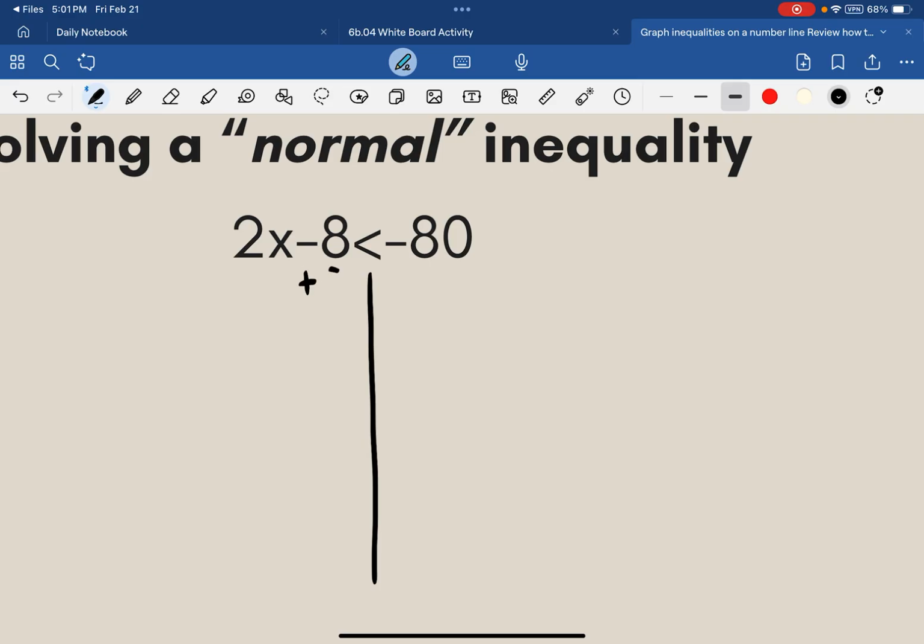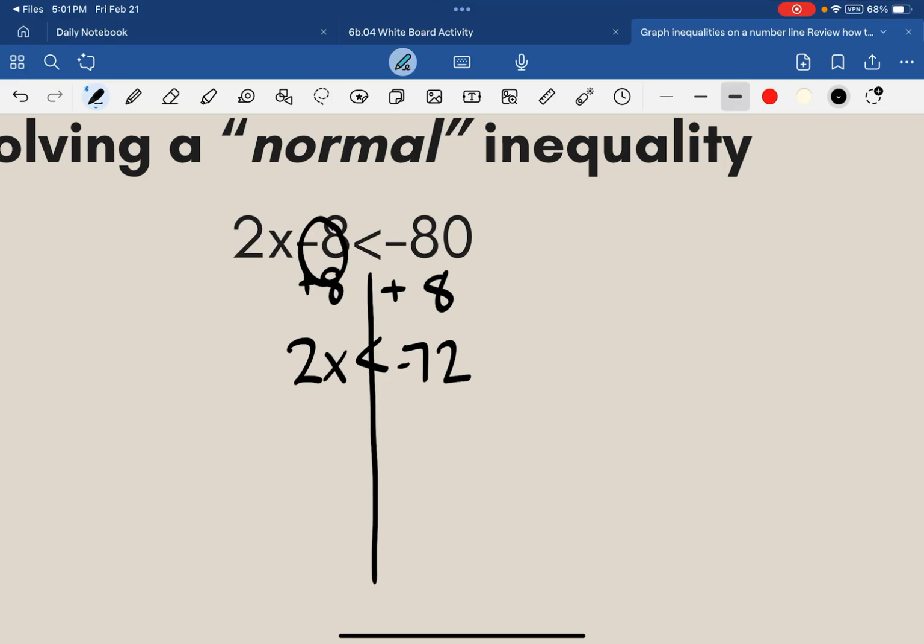So opposite, +8. What I do to one side, I do to the other. That is now 0 and gone, and we're left with 2x. The symbol comes down, and I'm left with -80 plus 8, which is -72.